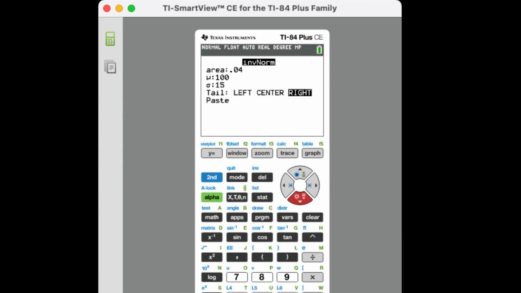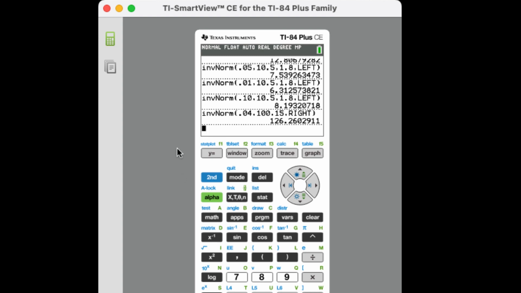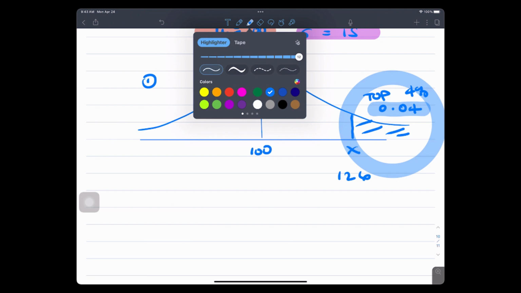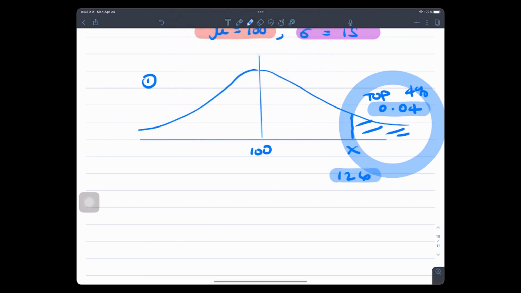What does that give you? Let's go to the nearest whole number, because IQ scores are whole numbers. So this is going to be 126. Is that easy peasy? Is that what you got?